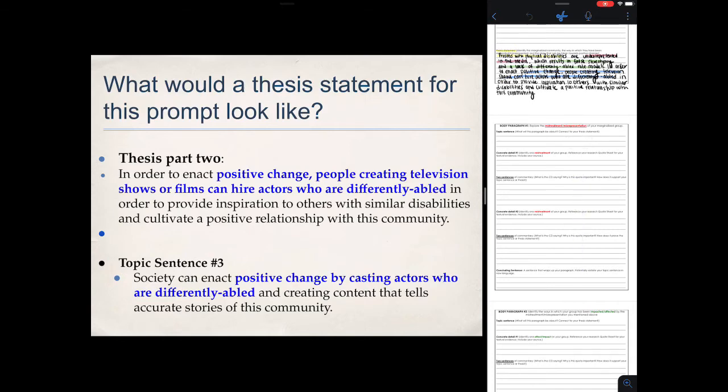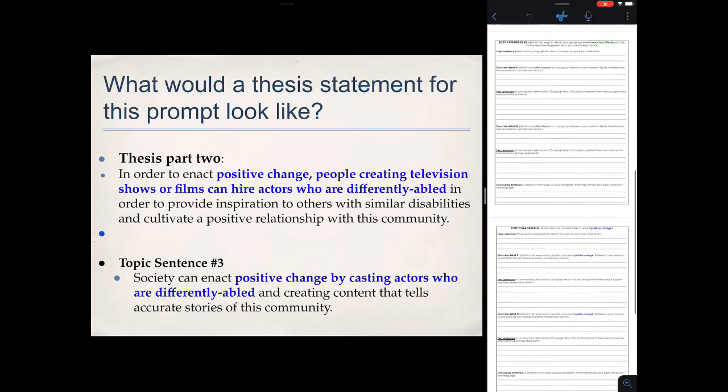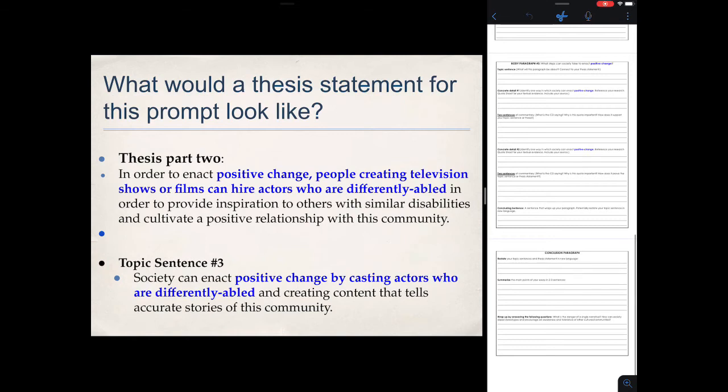Now, if we were to scroll down onto our 3rd body paragraph on our outline, this is where our final part of our thesis statement will connect. So the second part of our thesis statement says, in order to enact positive change, people creating television shows or films can hire actors who are differently abled, in order to provide inspiration to others with similar disabilities and cultivate a positive relationship within the community.